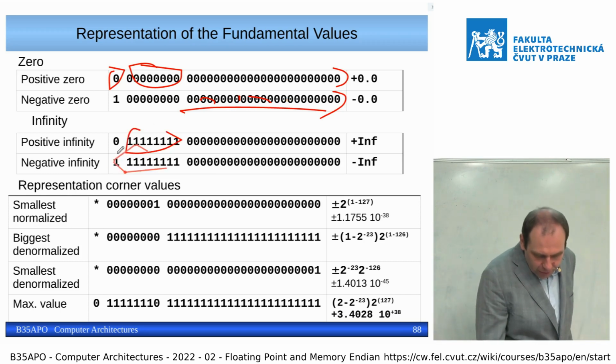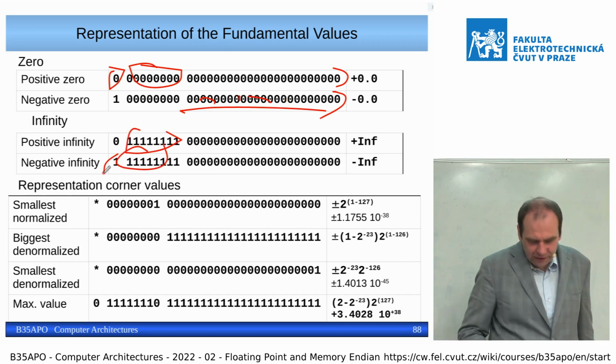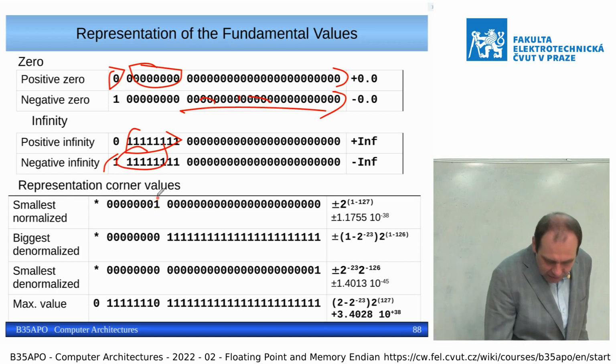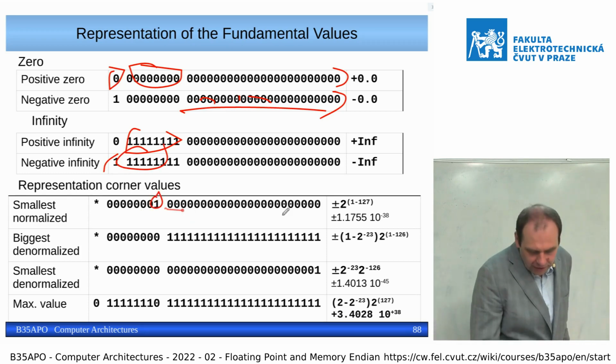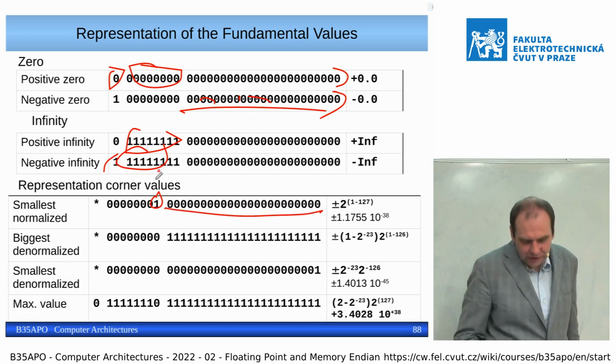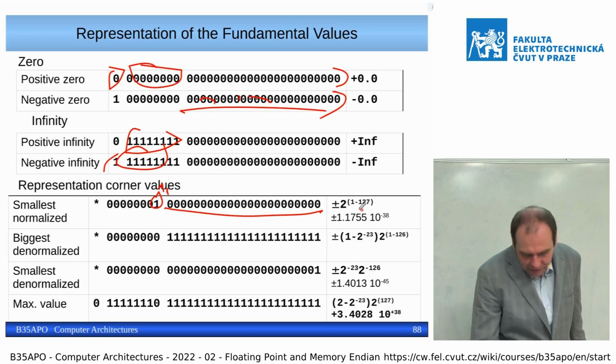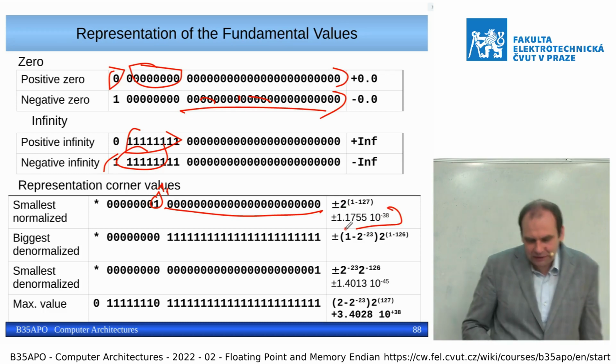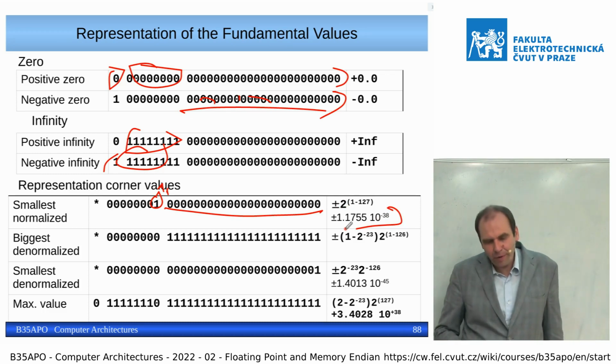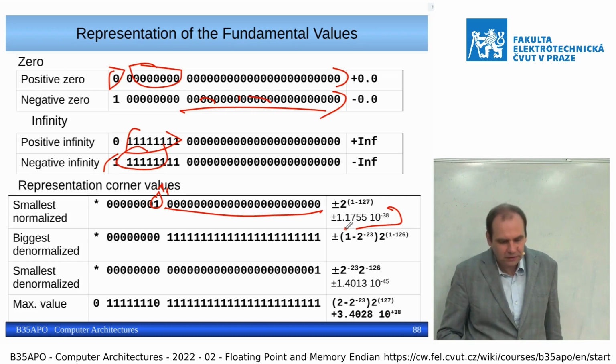Then we have the positive and negative infinity, and there is the smallest normalized number, so it has a 1 in the exponent, and all zeros in the mantissa, but there is that hidden one, so it is 1 and all zeros. So it is this actual value in the decadic system, so it is 10 power minus 38.